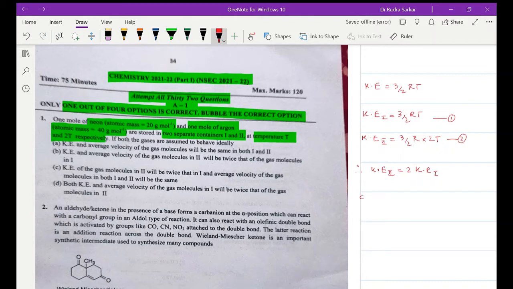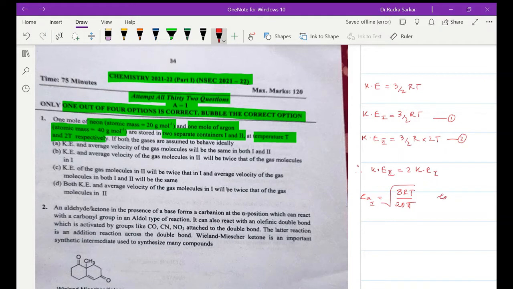And for C average, we know the formula is the square root of 8 RT by pi m. So C average for container 1 will be what? T remains as T and the neon is the gas over here, so it is 8 RT by 20 pi.